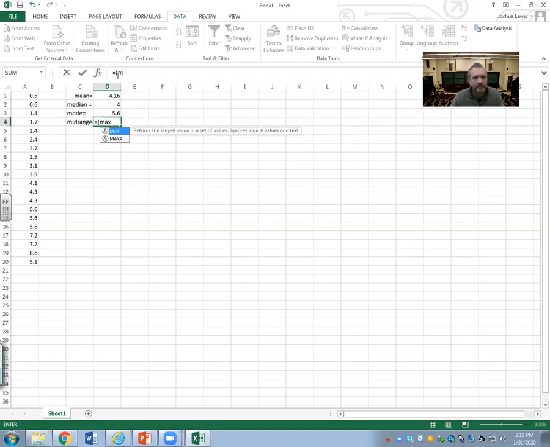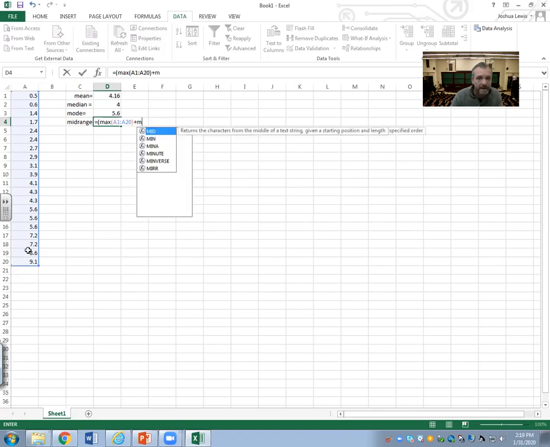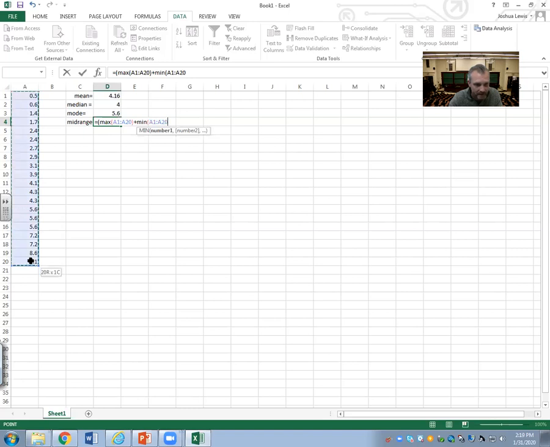Max, parentheses, and then my list of values, A1 to A20, plus the minimum, so min, parentheses, the same list, A1 to A20, and then parentheses again. So what I have is the sum, and I want to divide that sum by 2. Okay, and there we go.